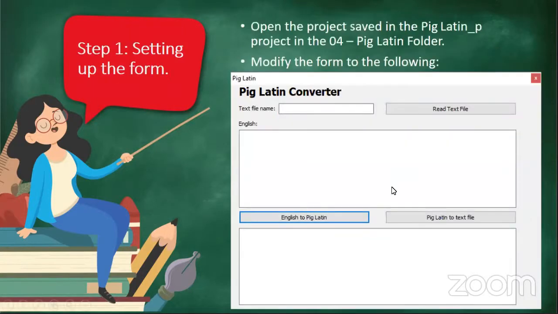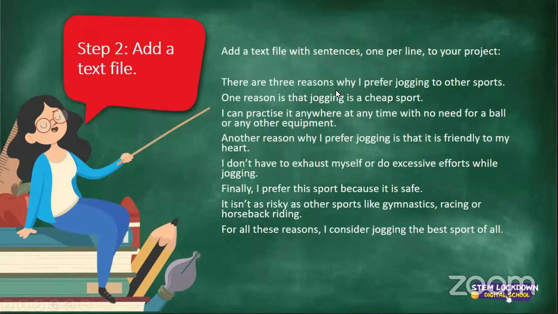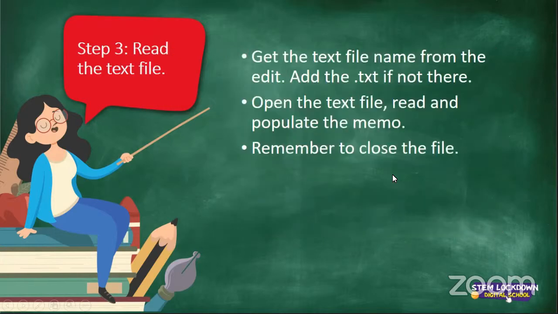So we've done this. We've set up our form, and this is my example text file with all the sentences that I've used. That was step 2. Then we finished step 3, reading from the text file. It was simple. We just added the lines to the English memo yesterday, one at a time.